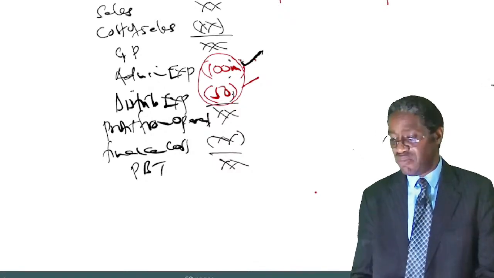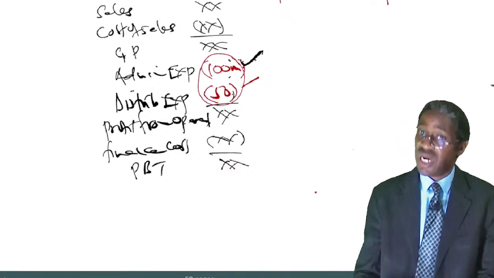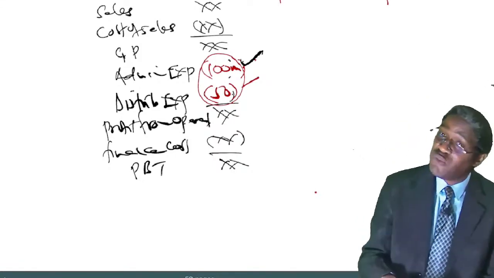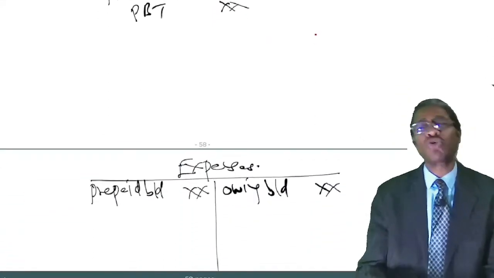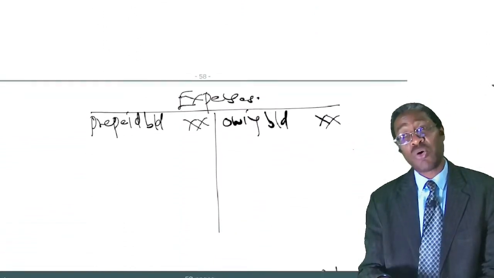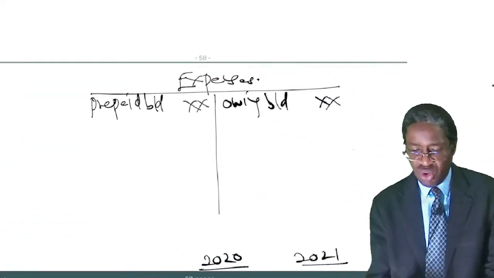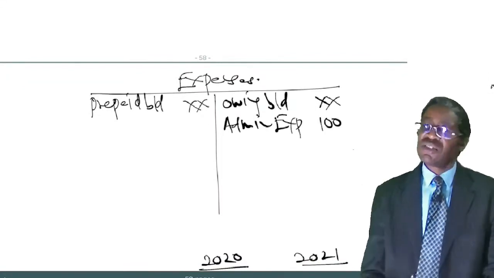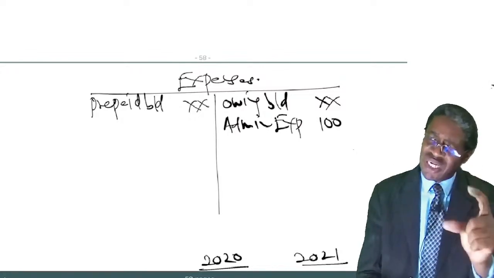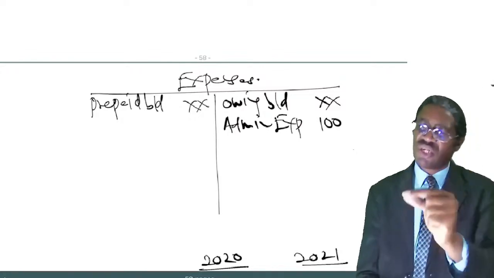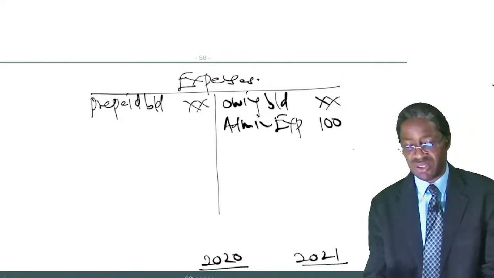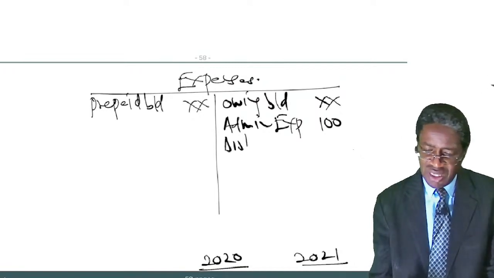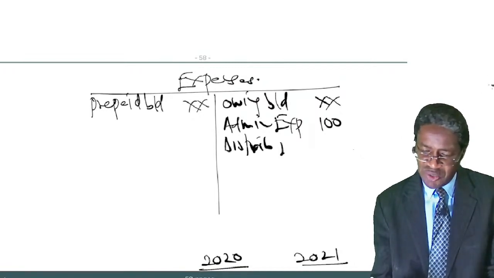So because it has been debited in the P&L account, automatically the completion of double entry means you come and credit this account. You come and say admin expenses, that 100. Same, we debited P&L account with the distribution expenses of 50 million. So you come and credit here, you say your distribution expenses.